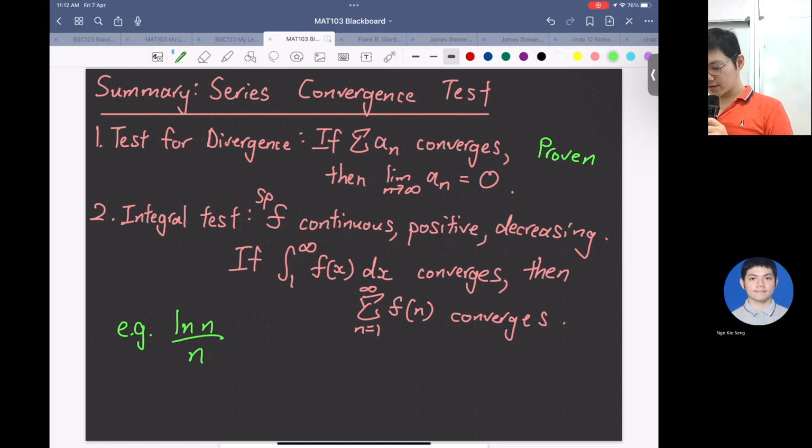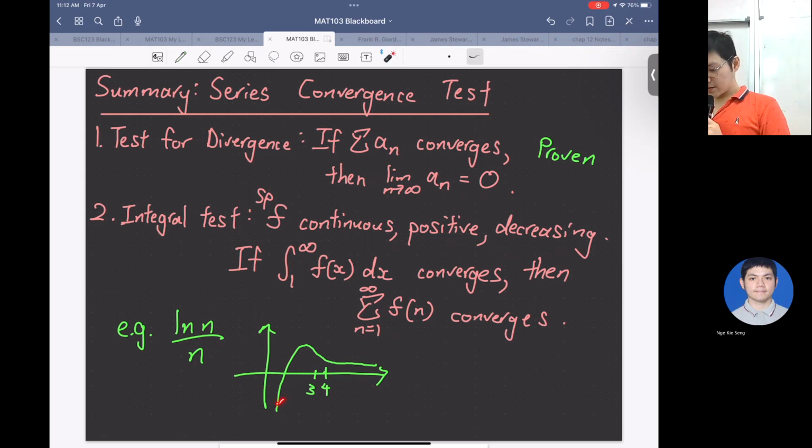The graph looks something like this, let me sketch. It's increasing at first, but decreasing at some point, about 3 and 4 it decreases. So you can only apply this theorem starting at 4, when n equals 4, right?